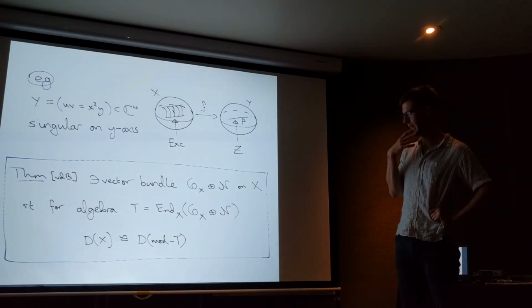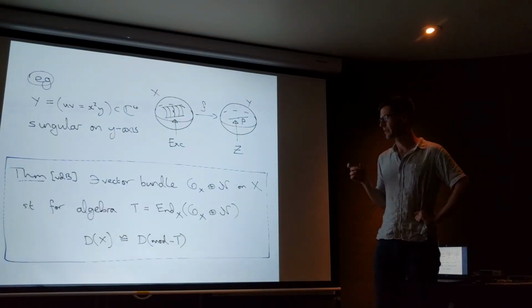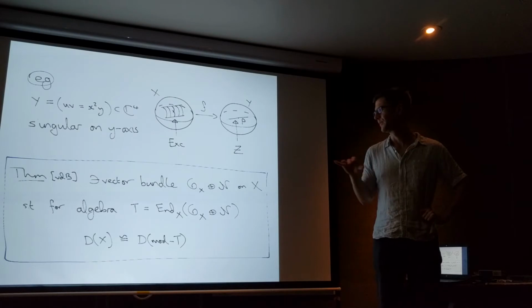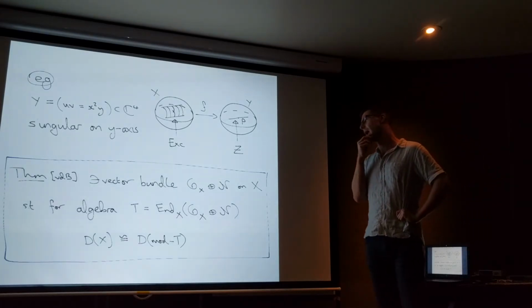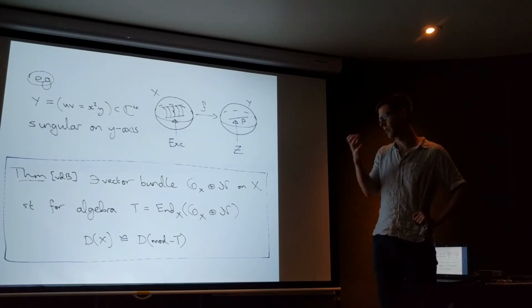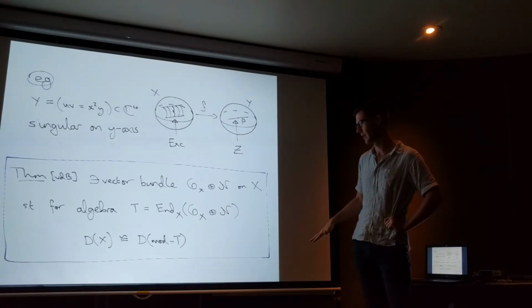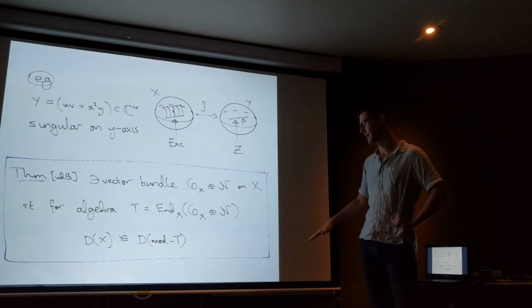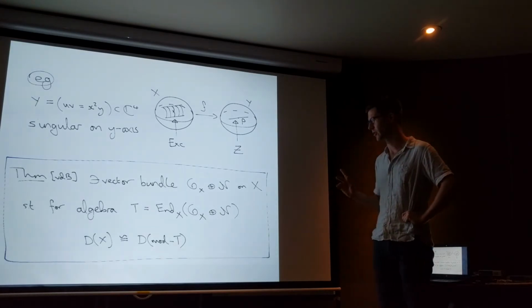But let me say what the construction is. So it's a theorem of Van den Bergh that there exists a vector bundle on X. The terminology is that this is a tilting bundle that describes the derived category of X as a category of modules over an algebra. So this bundle will be useful to us in the construction.